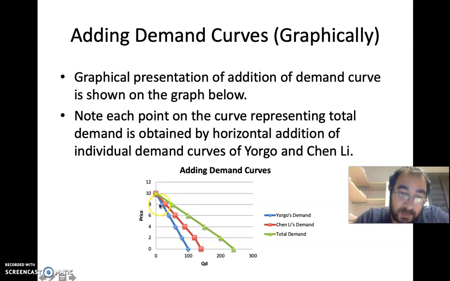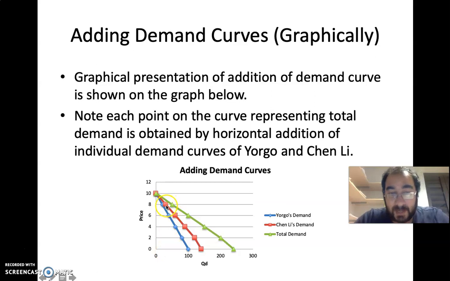So if we take this length and add it to this length, which is represented by the y-coordinate of the red curve, then we get to this point, which is the x-coordinate of the green curve.